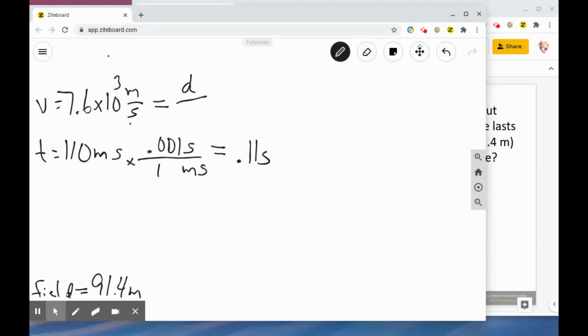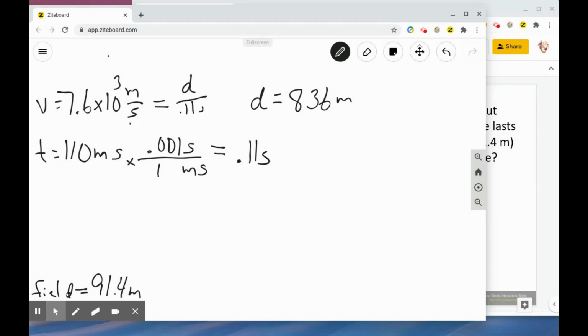So now at this point, we can put our time in our equation, 0.11 seconds, and solve for the distance. So here we'll multiply the 7.6 times 10 to the third times 0.11 seconds, and our distance turns out to be 836 meters.